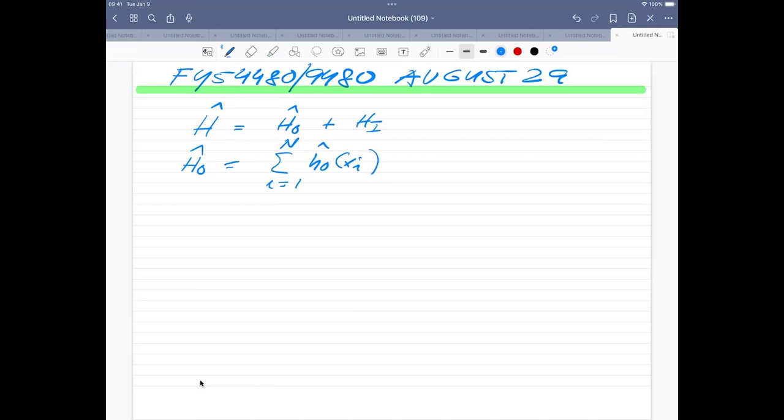Now, just to remind you quickly, x of i is going to be a shorthand for the spatial degrees of freedom and eventual spin degrees of freedom. That is another space which couples with the spatial degrees of freedom. So there are some spin quantum numbers, sigma of i, which we just leave undefined here.